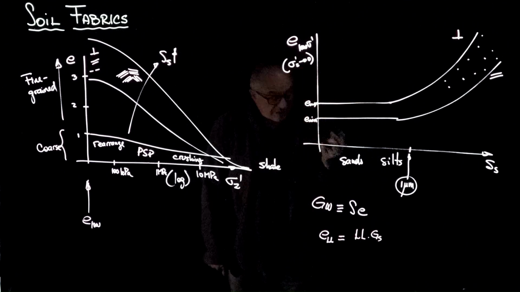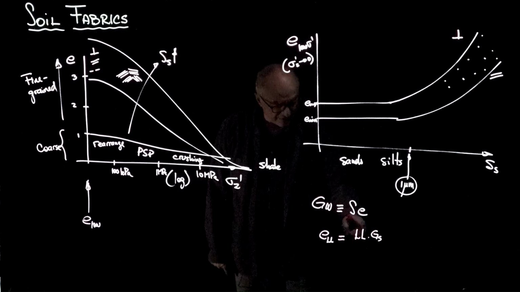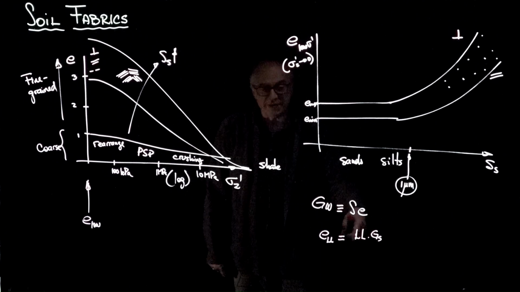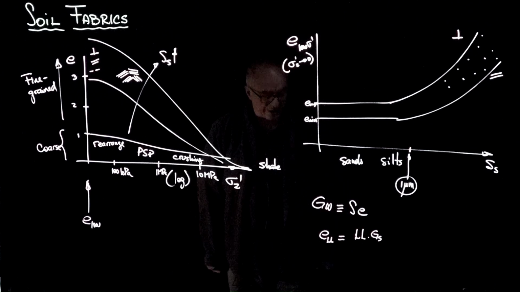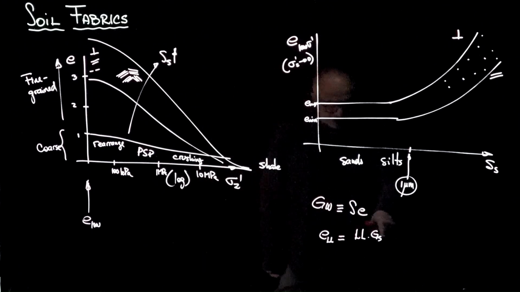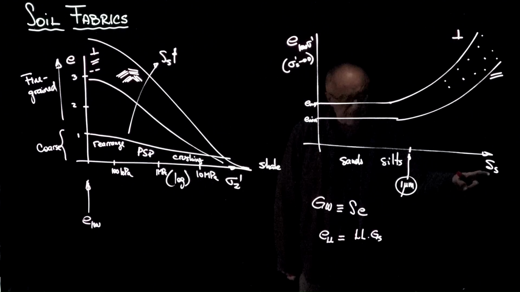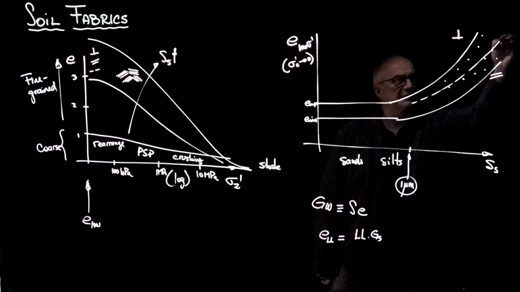So if the liquid limit is 0.5, 50%, then 0.5 times the specific gravity, which is 2.65, gives a void ratio of 1.3. And now we can draw the void ratio. The void ratio also has an association with a specific surface, and the liquid limit void ratio is going to fit somewhere here.